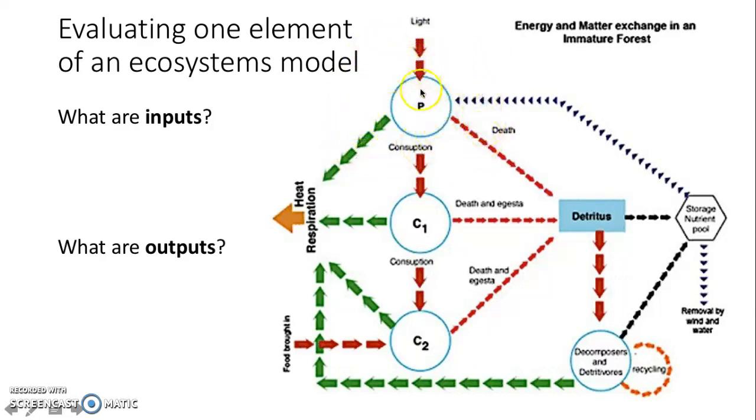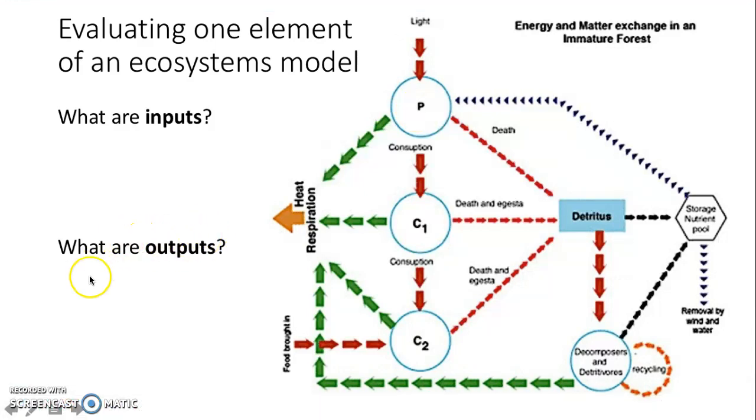Inputs into our producer: imagine a plant living in a forest ecosystem. Light is moving into our producer. Our producer also needs stored nutrients, so it will need some nutrients from the soil. That's typically where plants take up their nutrients.